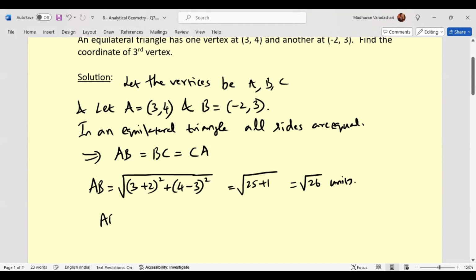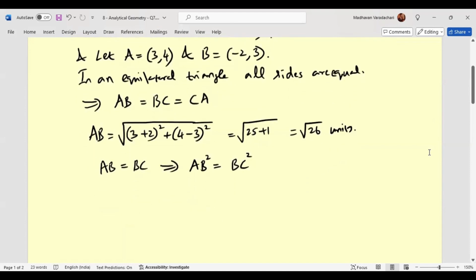Now, this should be equal to BC also. This AB should be equal to BC, which means that I can say AB square is equal to BC square. That means AB square will become 26 is equal to BC square.